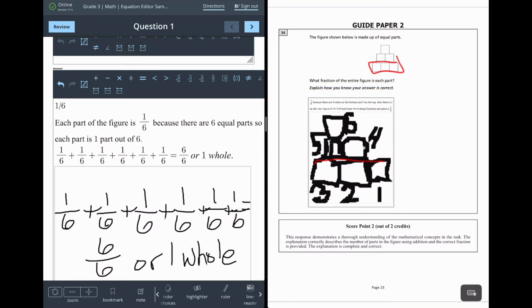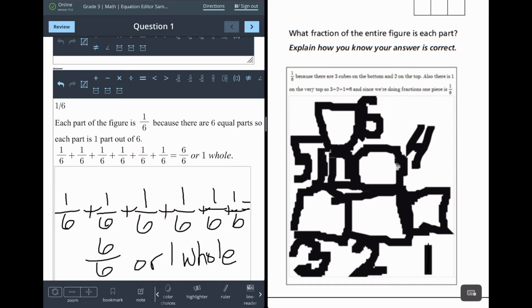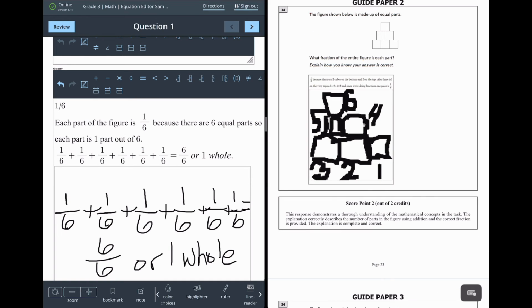He tried to draw 3 boxes, and then there are 2 boxes here, so 4 5, and then 1 on top for 6. And that's what he typed. This is what he typed in there, 1/6, because there are 3 cubes on the bottom, 2 and 2 on the top, and there's 1 on the very top. And 3 plus 2 plus 1 equals 6. Since we're doing fractions, 1 piece is 1/6. And this kid gets full credit. He did it on a computer just like you guys.